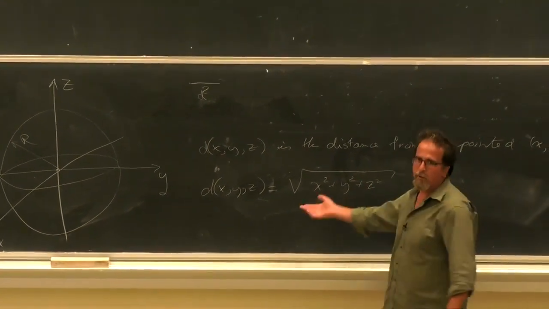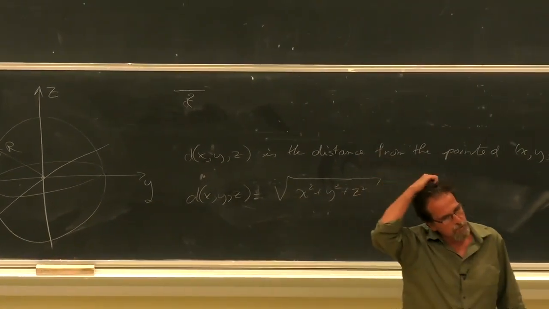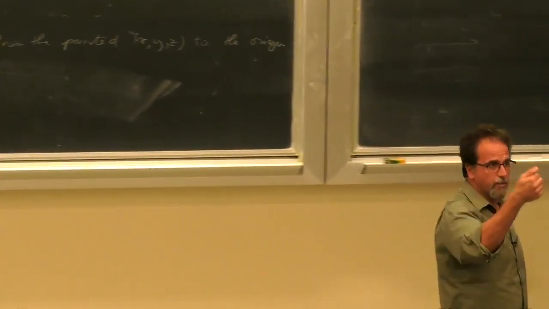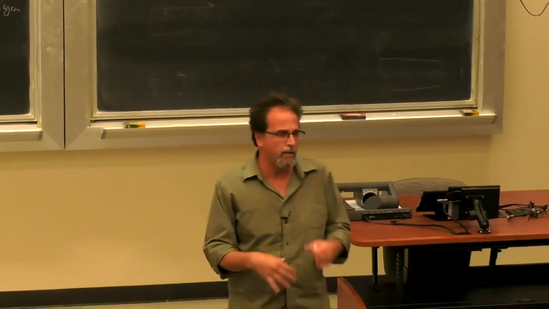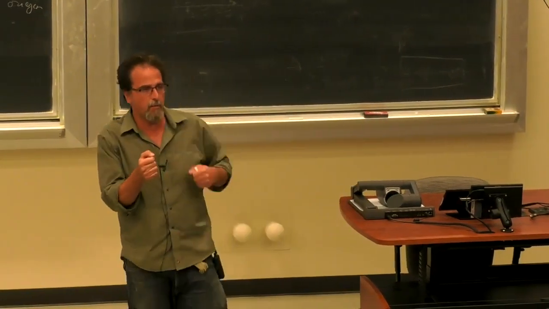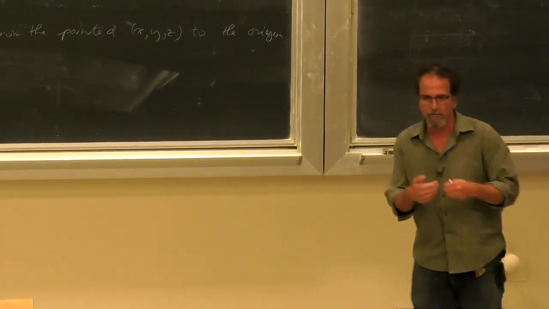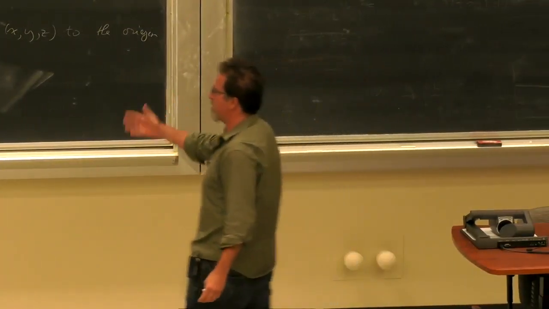And what I want to emphasize here is that this is the distance from the point to the origin, but you can go from a point to another point. You could have an arbitrary point at xyz to some fixed point. How far am I to you now? And then how about now? So you would have parameters in there.